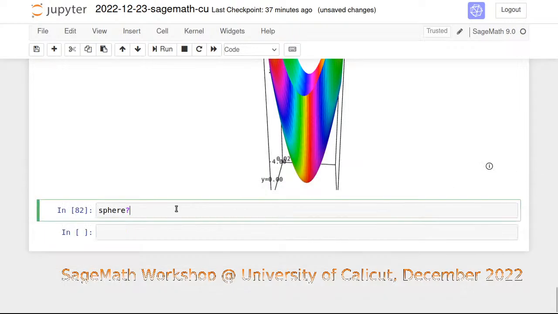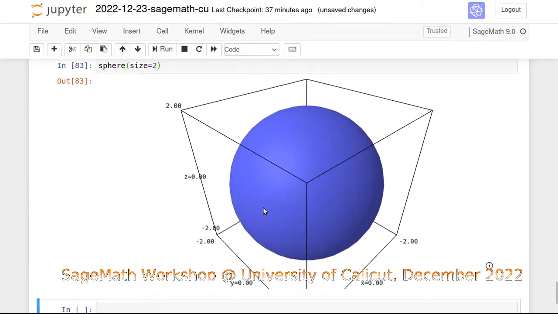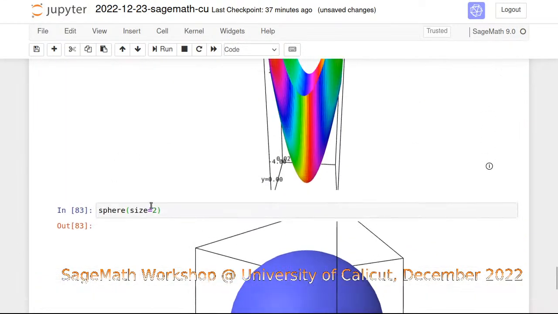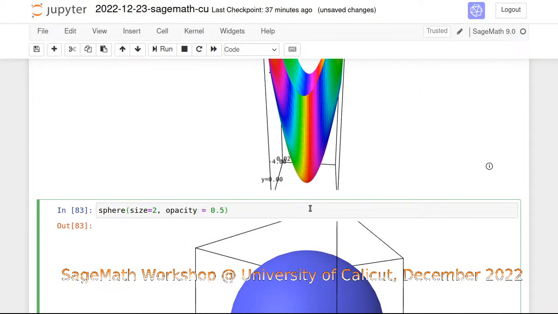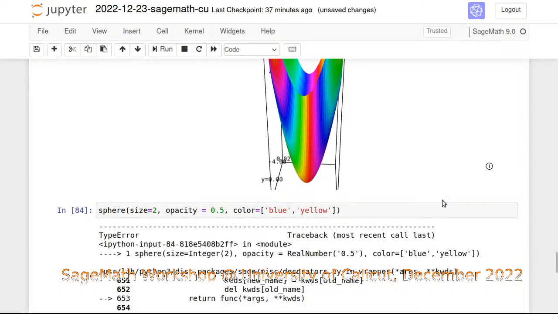There are defaults also. So with size equal to 2, we get a sphere. Opacity is possible. Of course, coloring is possible. We get a mixture of these colors.